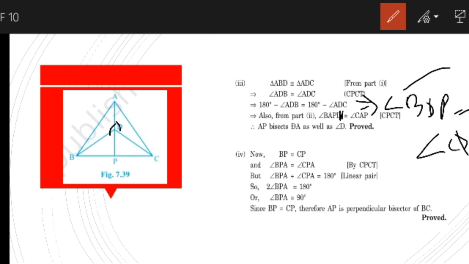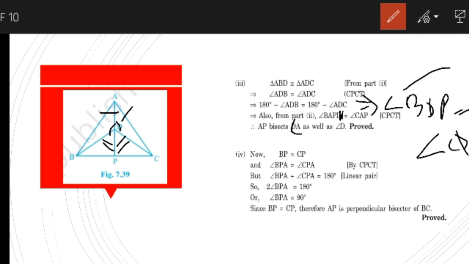So since these two angles are equal, we can say AP bisects angle A as well as angle D. So it is also proved.